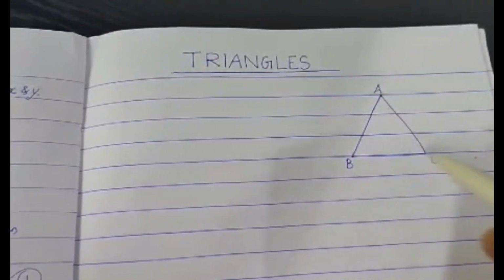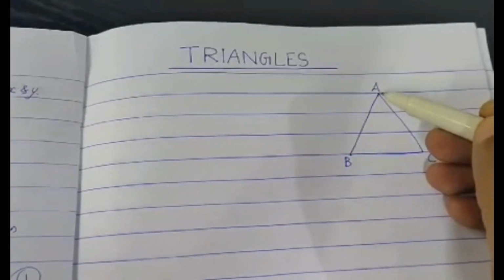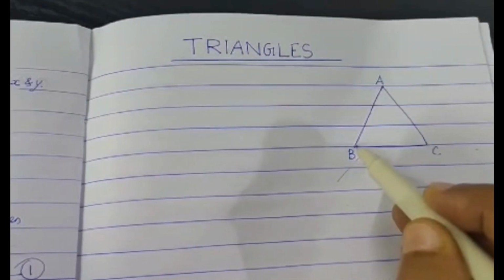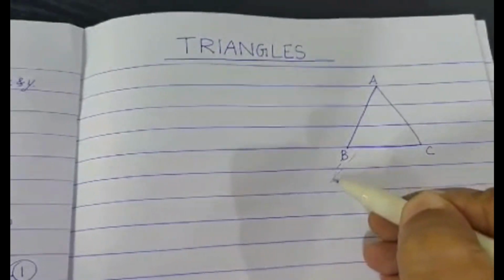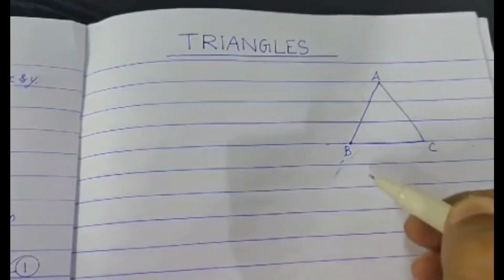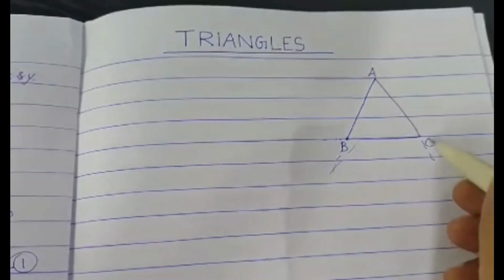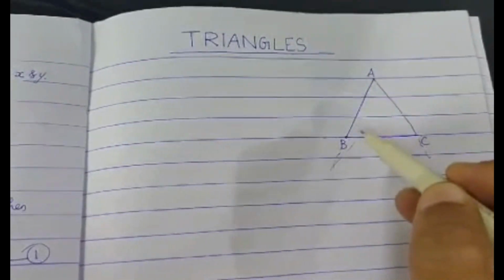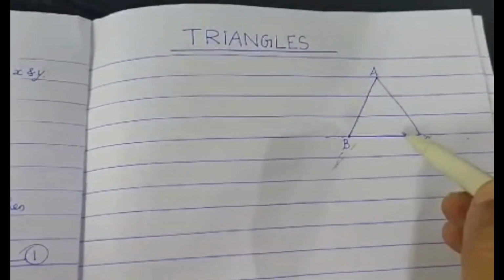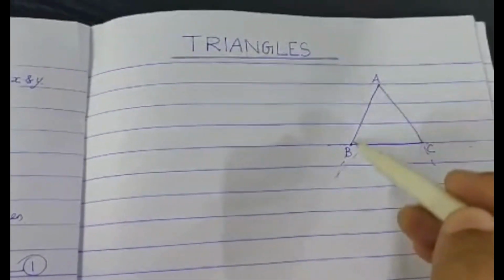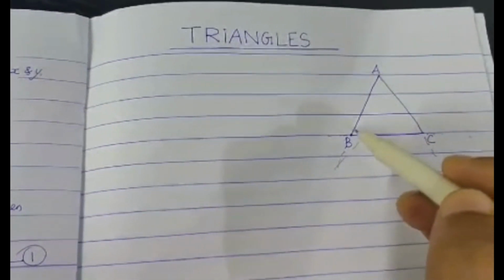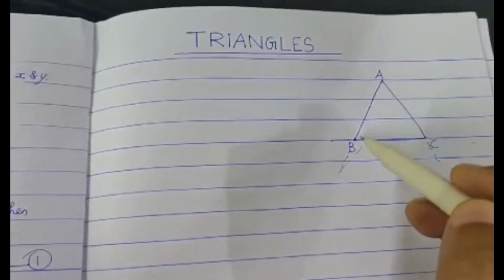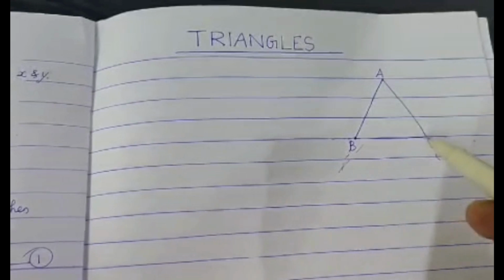When you extend these lines, you can see that they are intersecting. So it's a closed figure formed by intersection of three lines, and a triangle has three sides, AB, BC and AC. Three sides, three angles, angle A, angle B and angle C, and three vertices. A, B and C are the vertices.